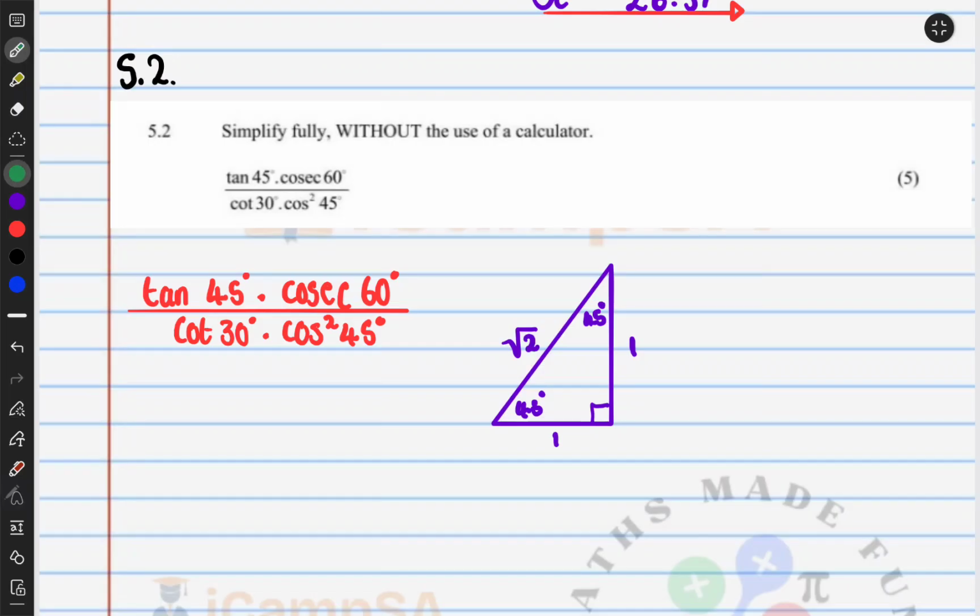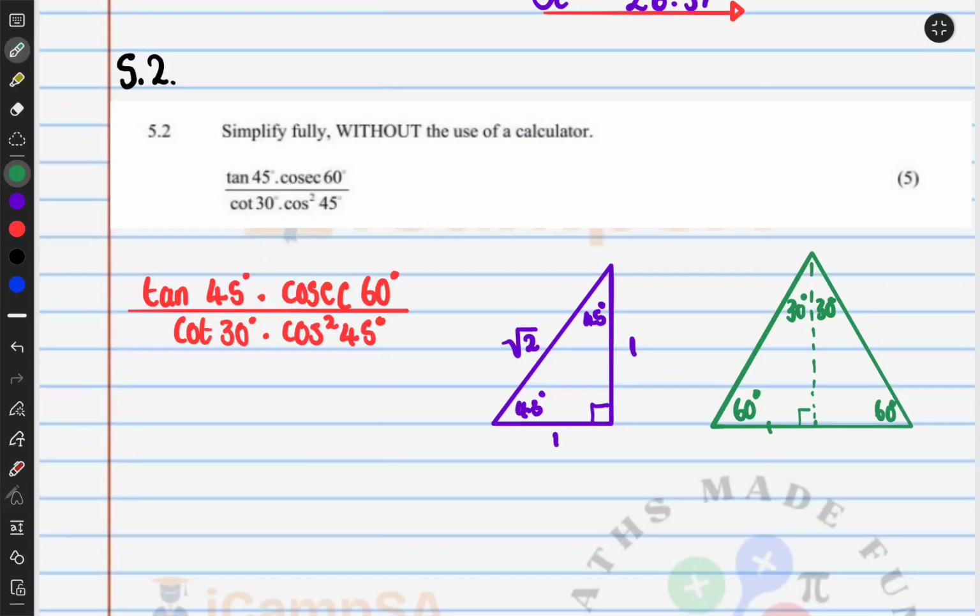Then the other triangle: you draw a triangle like this, and then cut a line perpendicular to this side. This is an equilateral triangle, so all sides are equal and the angles are 60 degrees, but we split one into 30 degrees and 30 degrees. All sides are equal to 2 units.